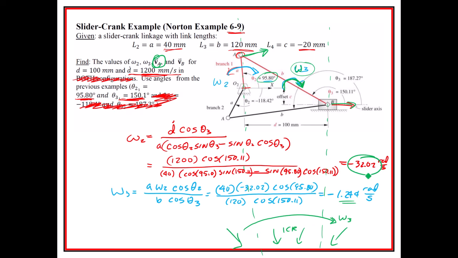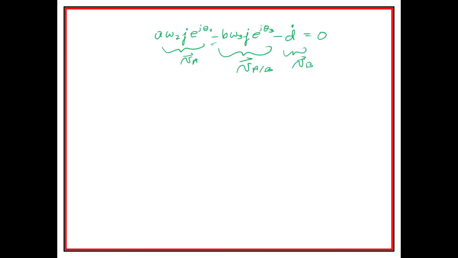So why don't we do that? The only thing that we're really missing, or the only thing that's probably of any interest to us, is VA equals A omega 2 j e to the j theta 2. So for this problem that's going to be 40, and then this is going to end up being a negative 32.02 right here.